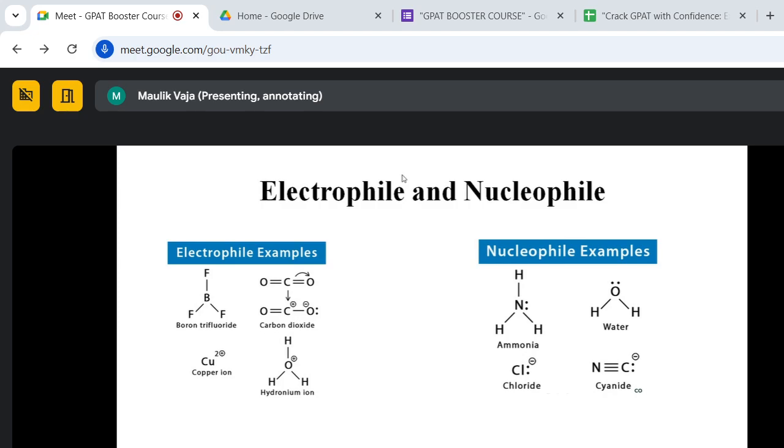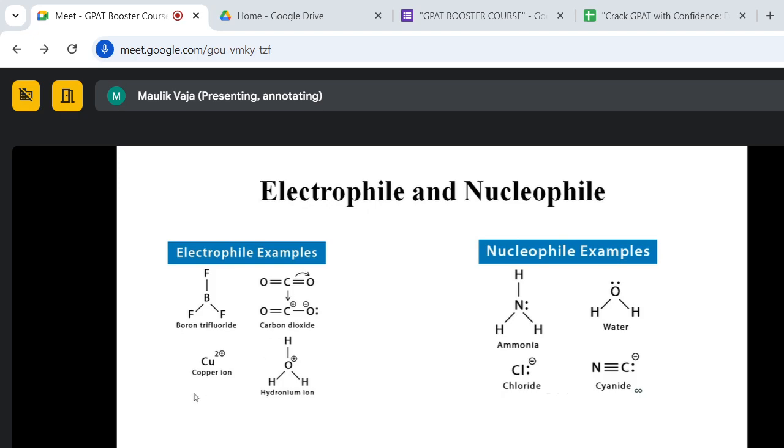Electrophile is an electron loving species, and nucleophile is a nucleus loving species. Who loves electrons? The species which lacks electrons, which does not have electrons, loves electrons. So an electrophile is an electron loving species.